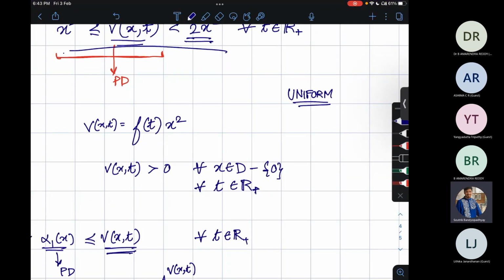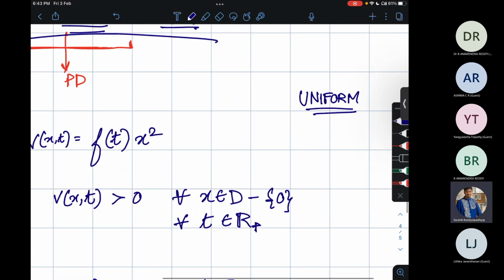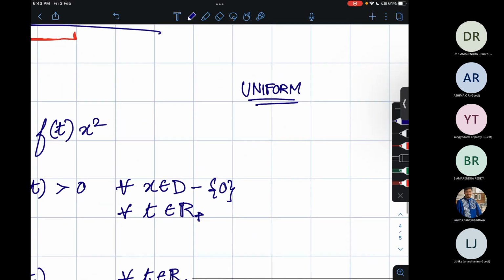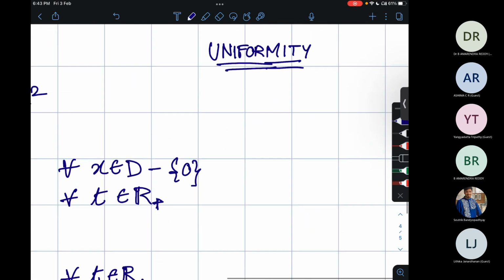So the stability result, or whatever result you are trying to derive using Lyapunov analysis for non-autonomous systems. Autonomous systems were the systems where the time derivative of the state was dependent only on the state and not on the time t, right?